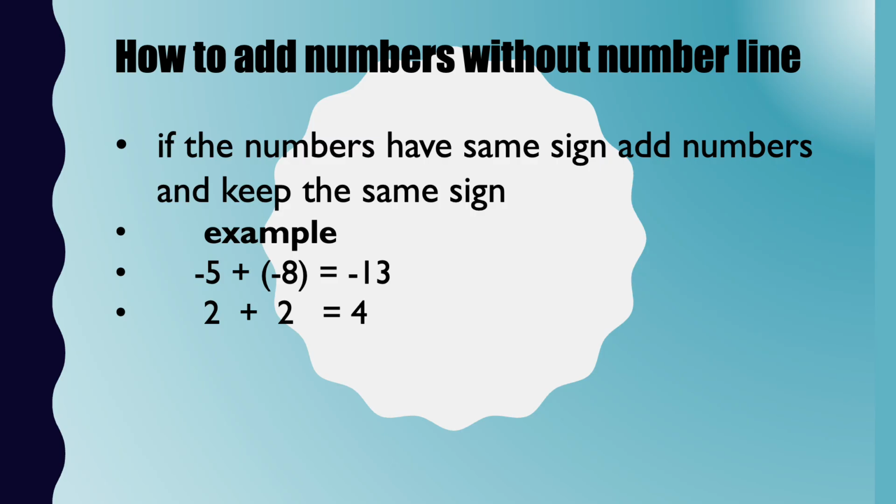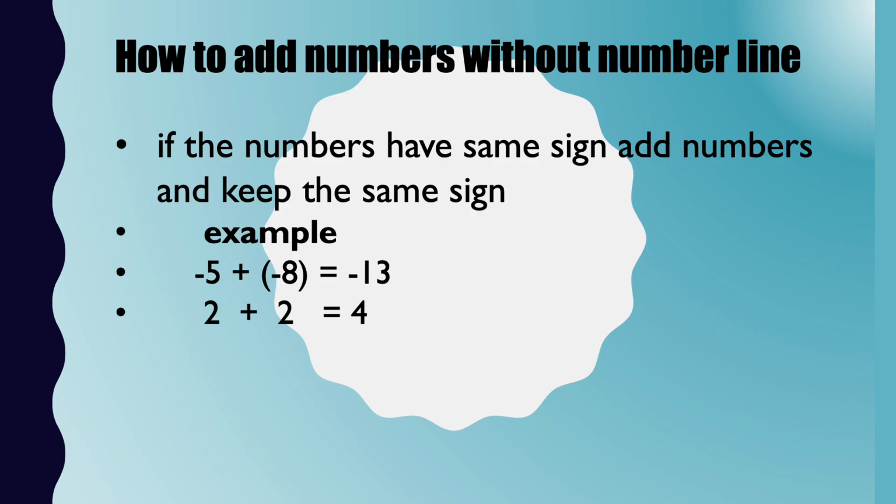Okay, an easy one. This one, 2, 2. Are these two minus or plus? These two are definitely plus. Remember, I said if there is no sign, it is not a minus sign with the number.